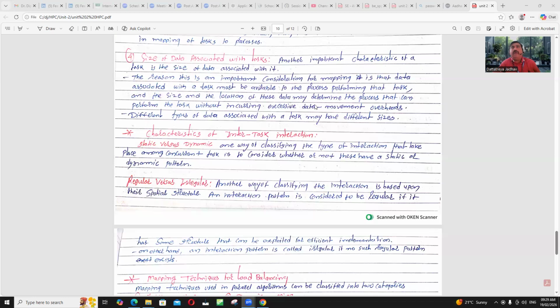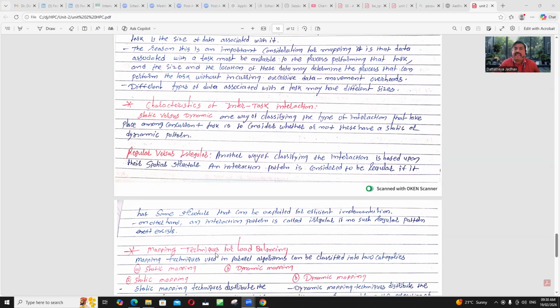Second is regular versus irregular. Another way of classifying interaction is based upon its spatial structure. An interaction pattern is considered regular if it has some structure that can be exploited for efficient implementation. On the other hand, an interaction pattern is called irregular if no such regular pattern exists. So the first way is related with the size, or whether we know the task.